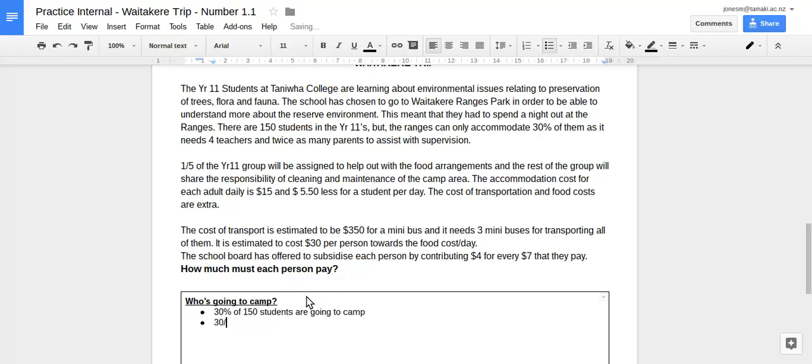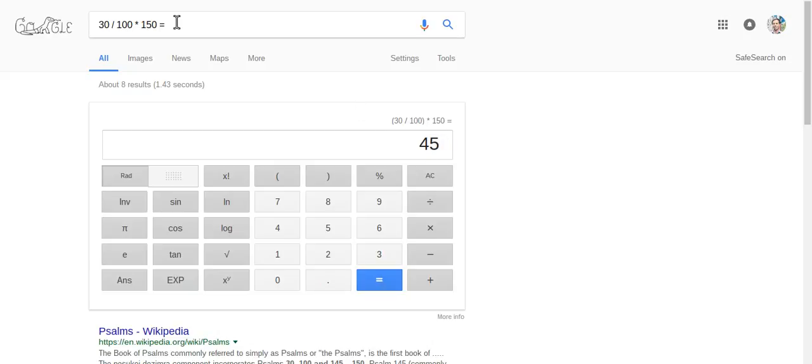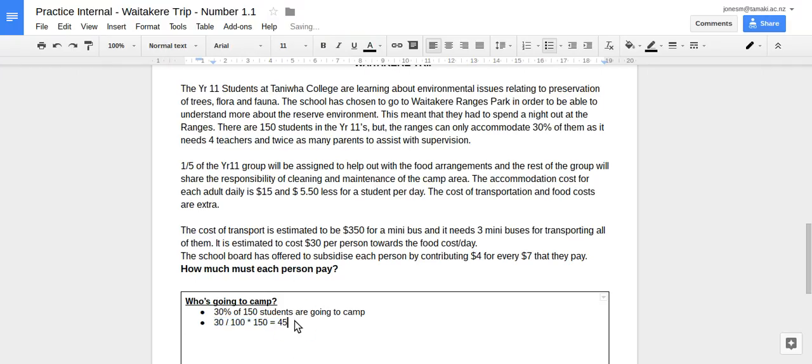So what we're doing is 30 divided by 100 times 150, and what that equals, put in the calculator, is 45. So we have 45 students going to camp.